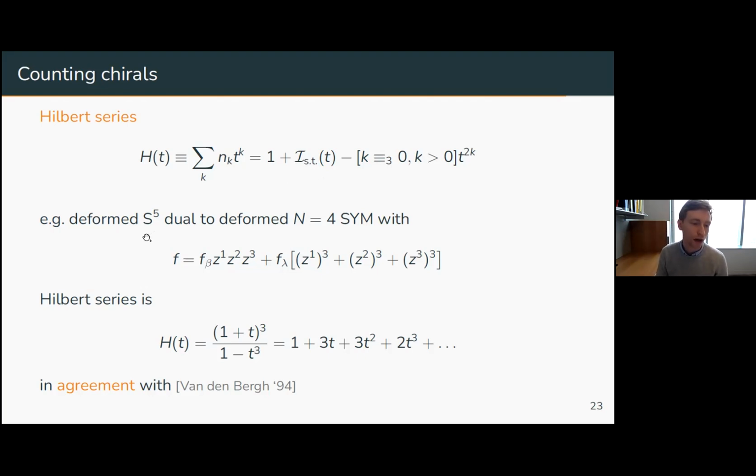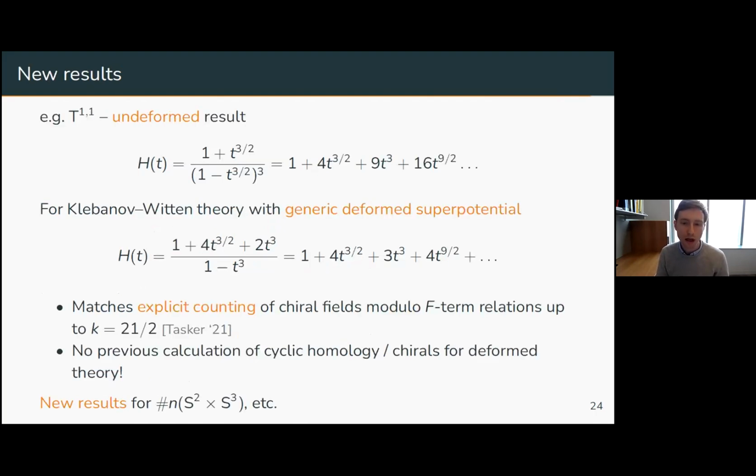So for example, for field theories dual to deformed S5s, so deformed N equals 4 super Yang-Mills, with an arbitrary superpotential that's captured by this generic cubic function, the Hilbert series can be expressed like this here, which is in complete agreement with the counting of this cyclic homology of this algebra in the field theory, this non-commutative algebra. That was already known.